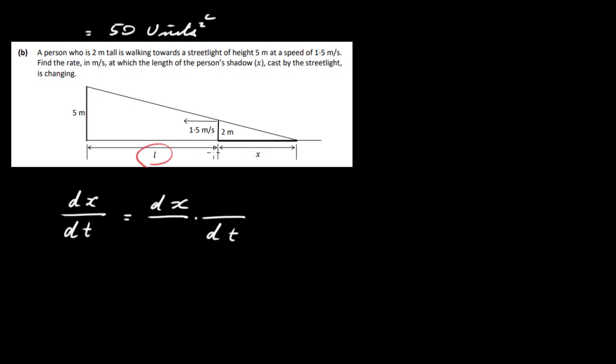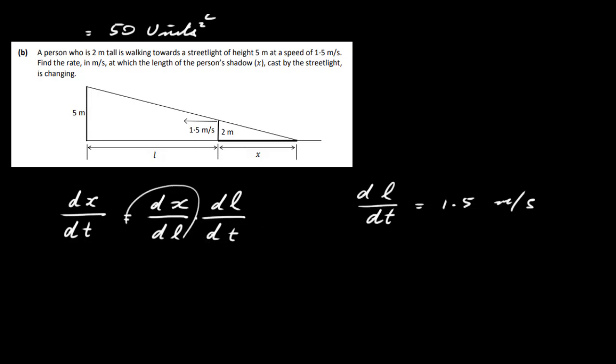This distance here is changing at a rate of 1.5 meters per second. In other words, we have dL/dt, and that's going to be 1.5 meters per second. So if we put dL here, we would have this part of our equation. Let's put the dL down here as well so that it cancels, so that we end up with dx/dt.